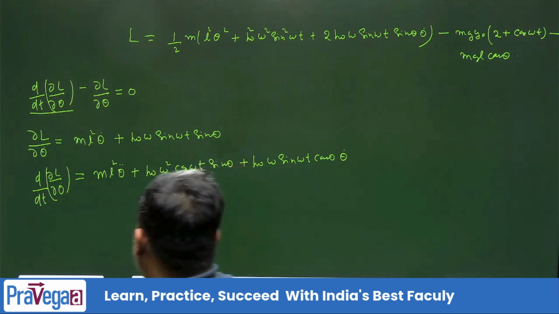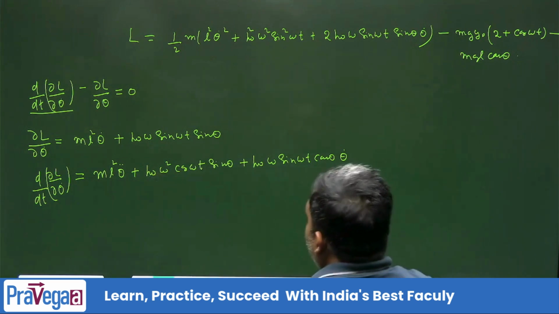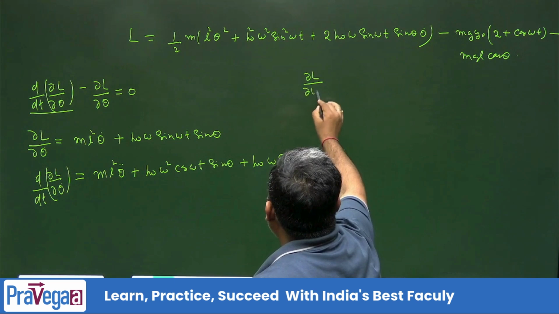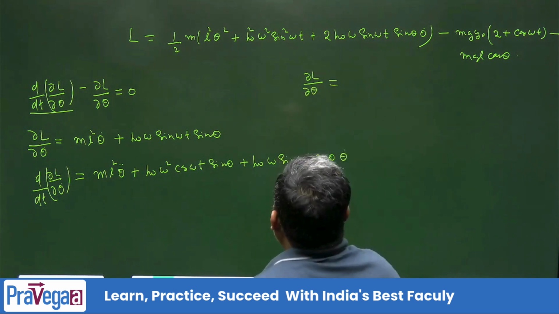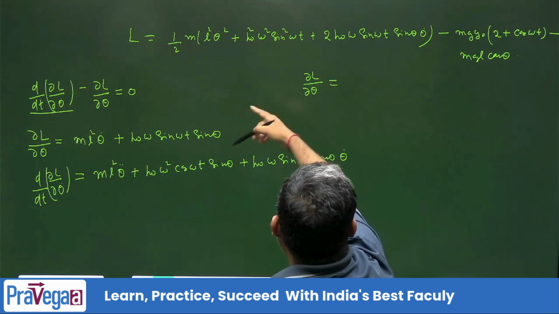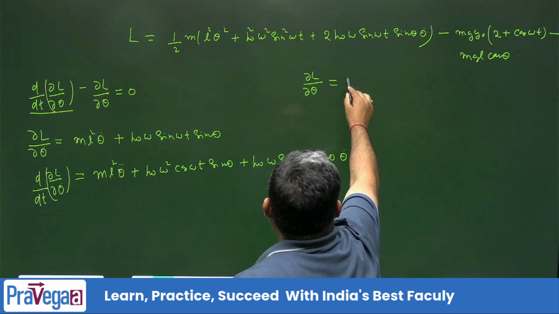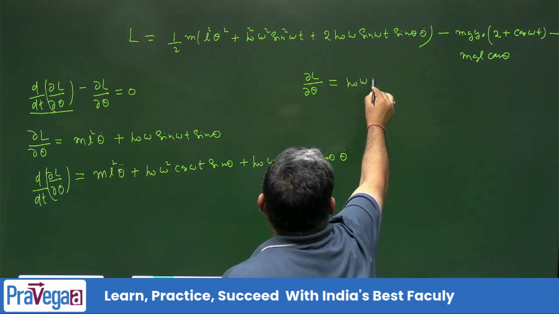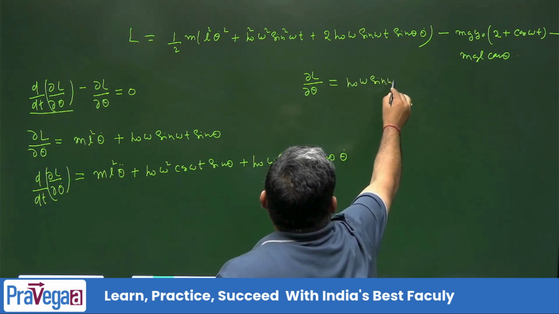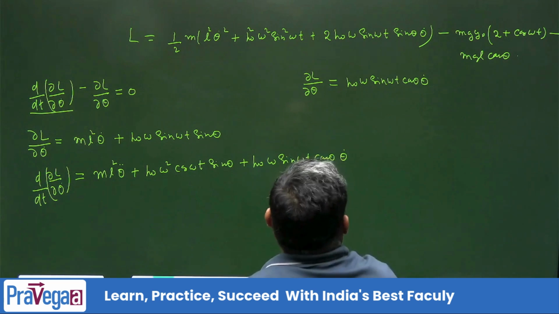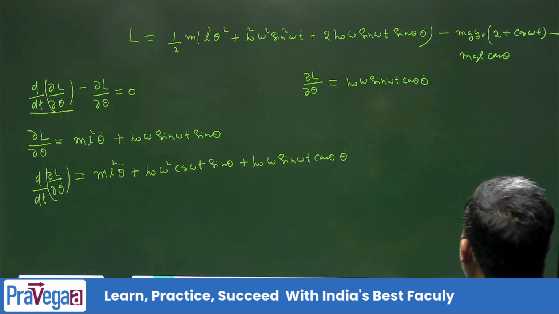Now, we have to go for ∂L/∂θ. When we go for ∂L/∂θ, there is no θ in the first term, but here we have one term of θ, and that value is equal to h₀ω sin ωt cos θ θ̇. So, this is very interesting.